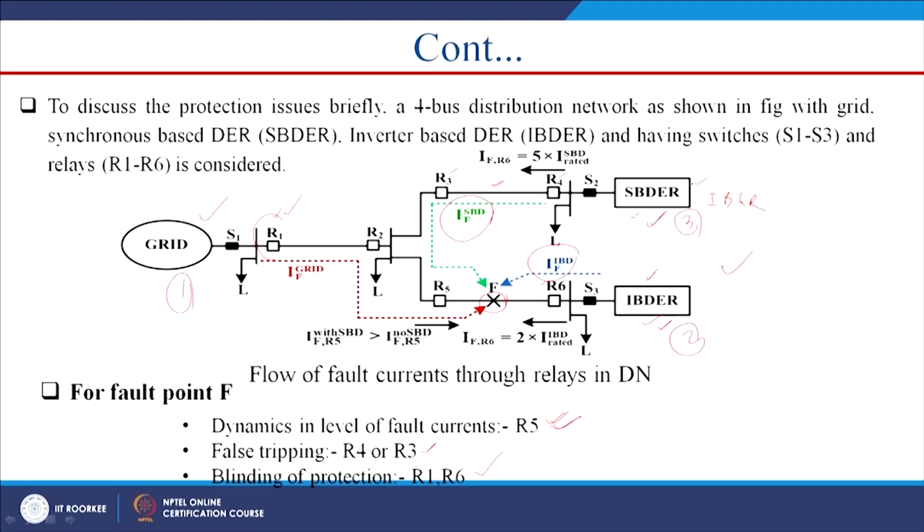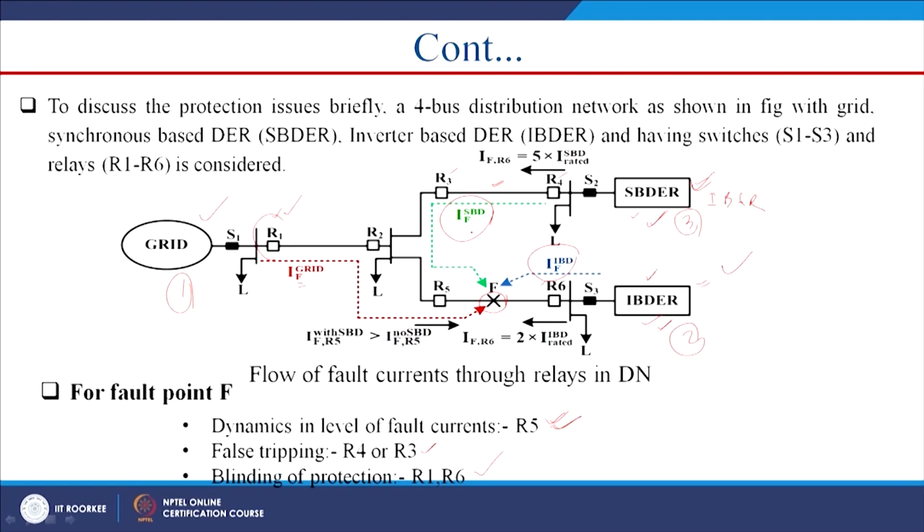Let us say previously these two renewable sources were not present. Then the fault current would only be contributed by the grid, that is IF grid. Now, due to the integration of these 2 DGs, the fault current is the summation of these 3, that is IF grid, IF IBD and IF SBD, right.